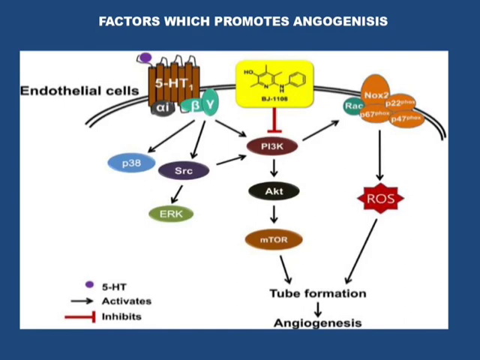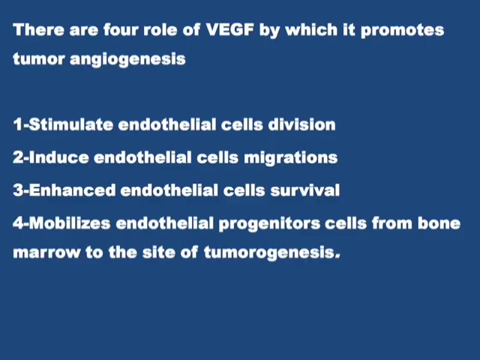The elevated expression of vascular endothelial growth factor is commonly associated with tumor hypoxia. So hypoxia in the tumor cell leads to overexpression of vascular endothelial growth factor, and thus to neovascularization of the tumor cell mass. But there are factors which inhibit angiogenesis, the endogenous inhibitors of tumor angiogenesis.